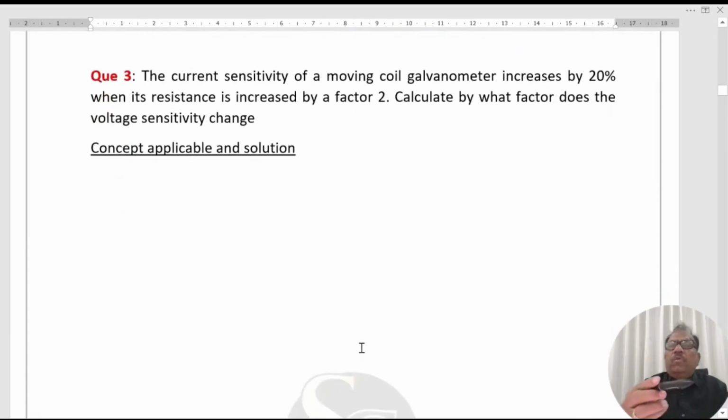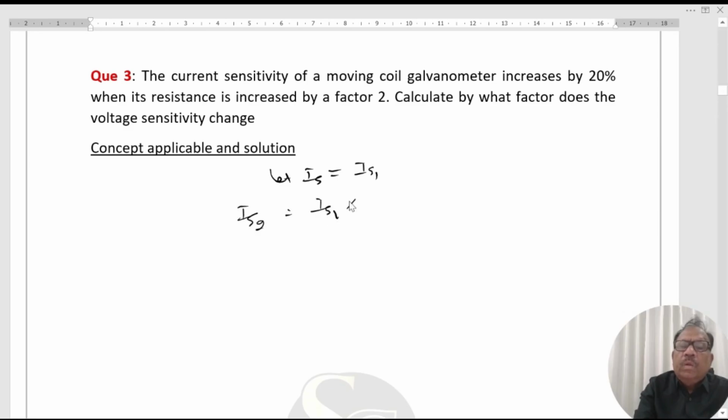The current sensitivity of a moving coil galvanometer increases by 20%. Let the initial current sensitivity be Is1. Then Is2 will be equal to Is1 plus 20 by 100 of Is1.